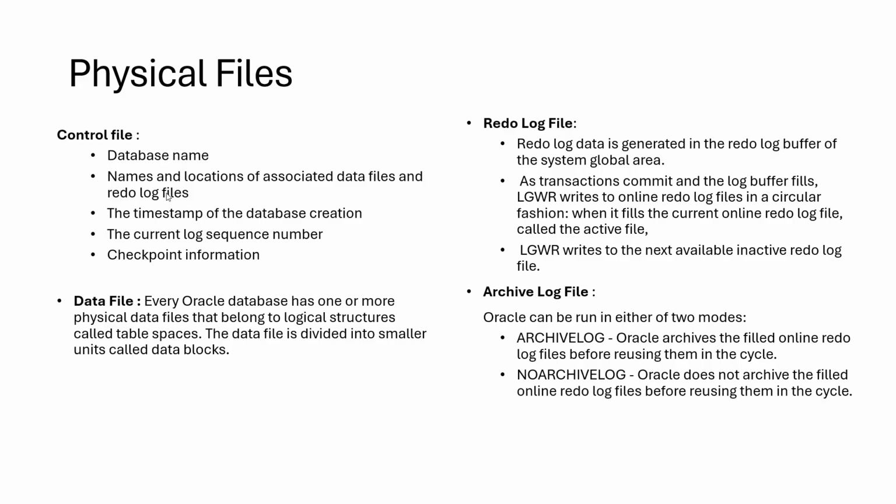Control files. The control file is one of the crucial files to open your database. Without the control file you cannot open the database. It will have the database name and the locations of the data files associated with the database, the redo log file locations, the timestamp of the database creation, the current log sequence number, and the checkpoint information.